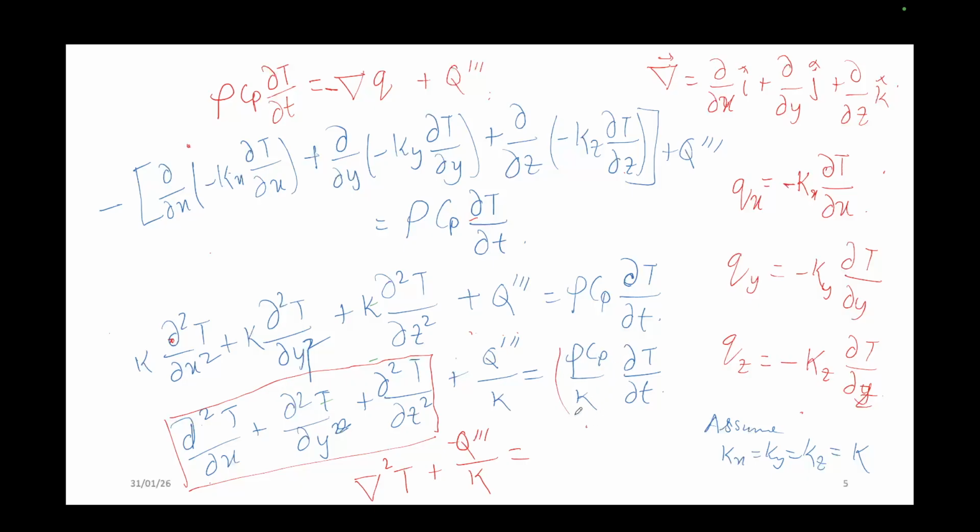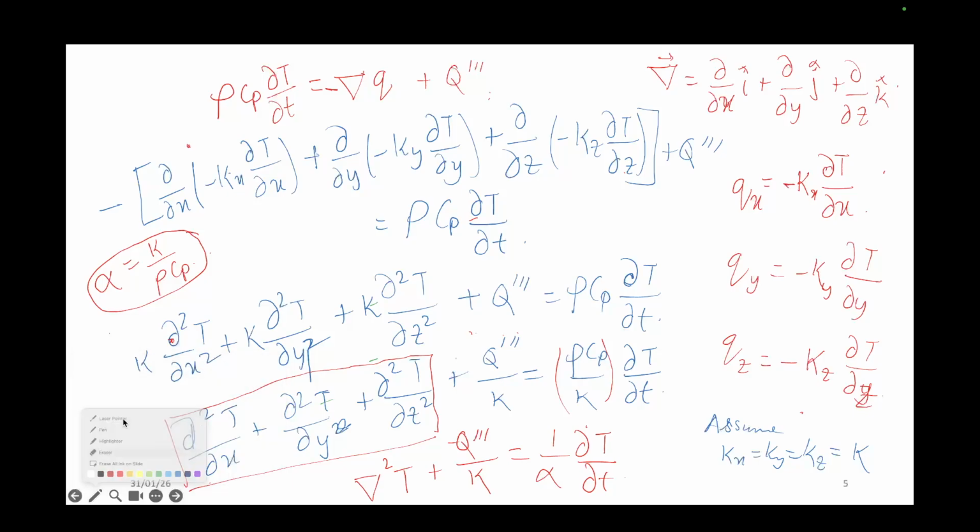Do you know? Yes, thermal diffusivity, basically k by rho Cp. What does it basically indicate? Thermal diffusivity, it's okay. What does it basically indicate? Can you tell? Okay, I'm just telling this thing. Basically, this is the concept of thermal diffusivity.